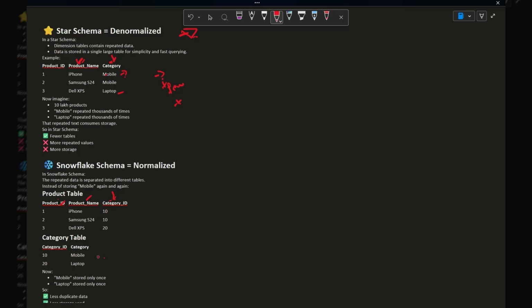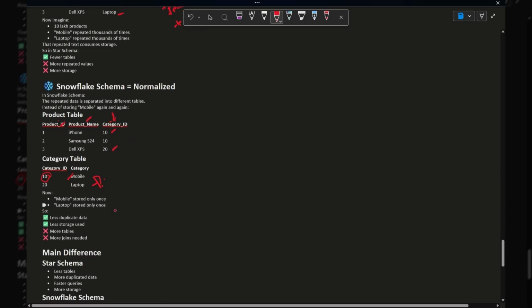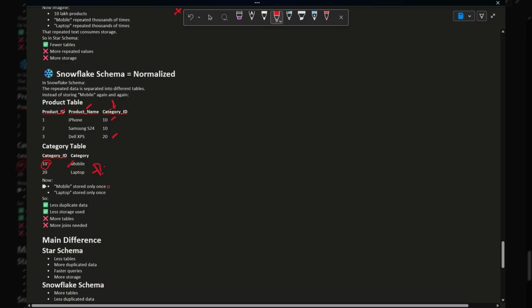In the category table, if there are 10 categories, it would contain only 10 line items. Laptop is stored only once here, and mobile is stored once, and we will be taking the category id here. So in the Snowflake schema, mobile is stored only once and laptop is stored only once.